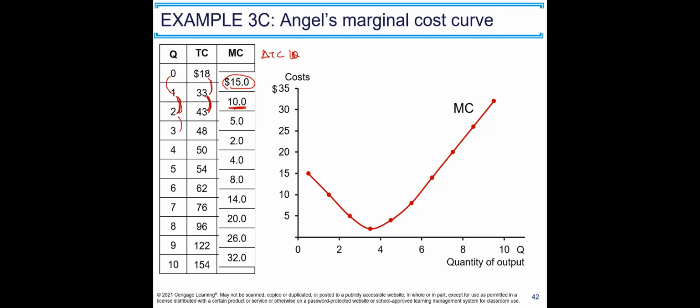For the third unit, your total cost increases by 5. And then the fourth unit is $2. As you see, when you add more and more units, you're adding some cost to your total cost, and that's called marginal cost. The shape of marginal cost is first decreasing, then it reaches a minimum point and increases back when you increase the number of output.